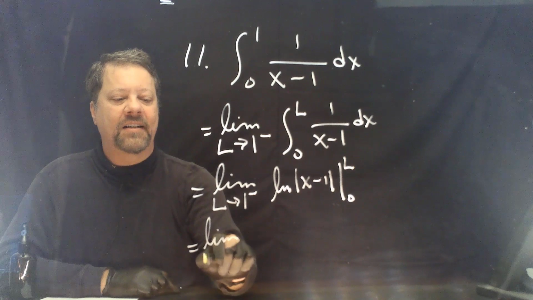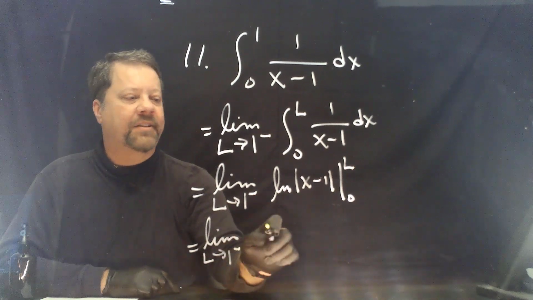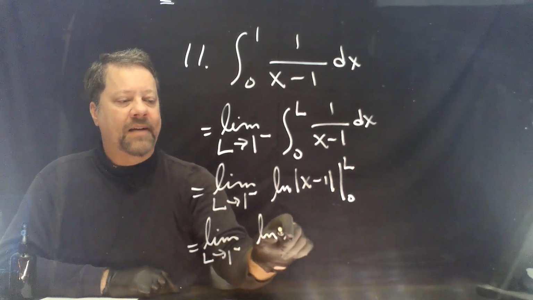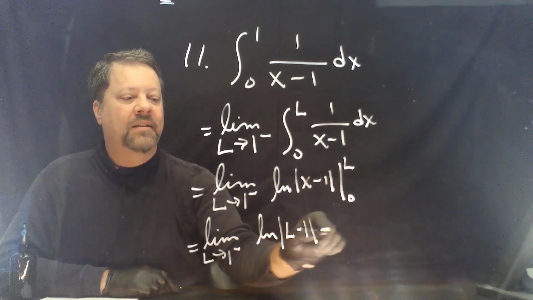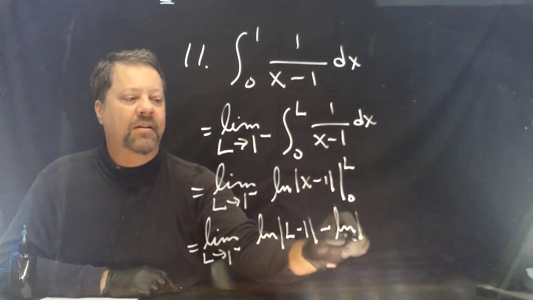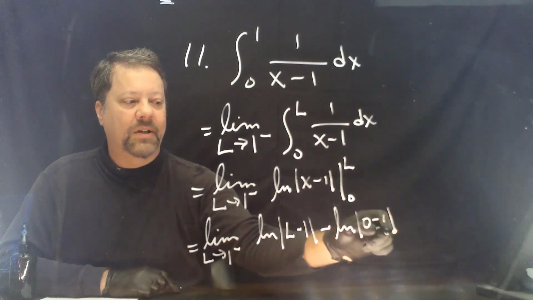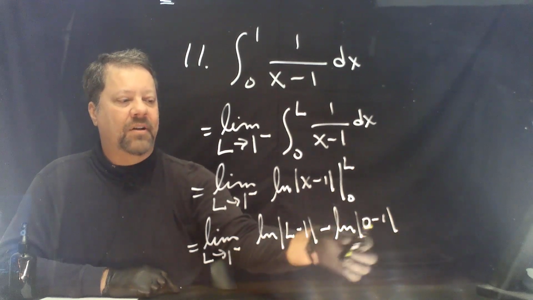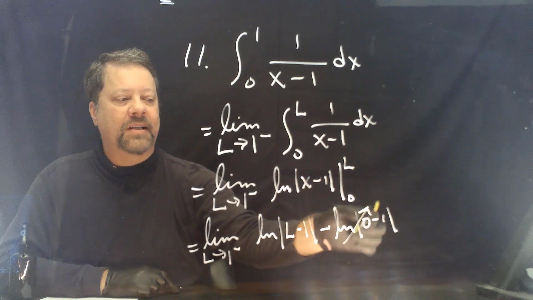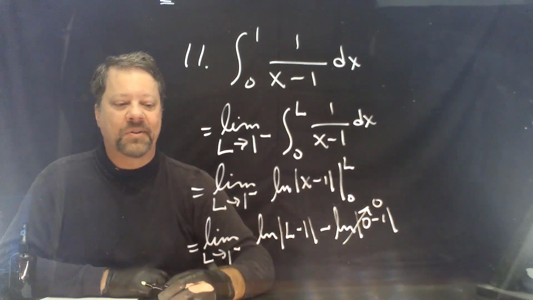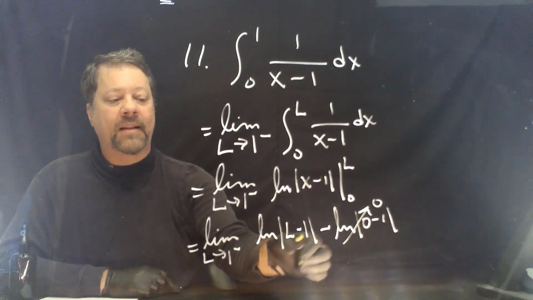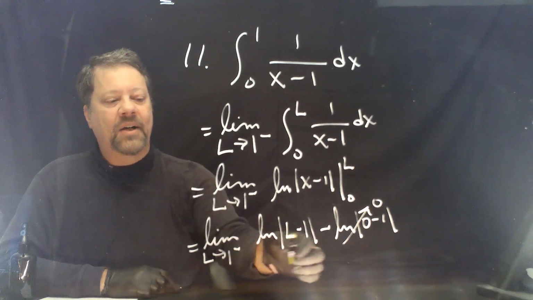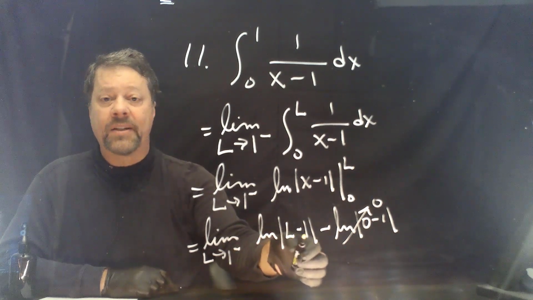That's the limit as L goes to 1 from the left, the natural log of absolute value L minus 1 minus the natural log of 0 minus 1. The natural log of 1 is 0, so this last term contributes nothing to the answer. But on the first term, L is going to 1 from the left, and so L minus 1 is going to 0.